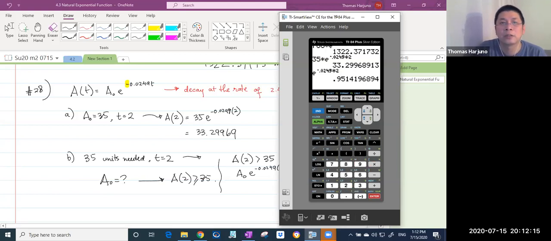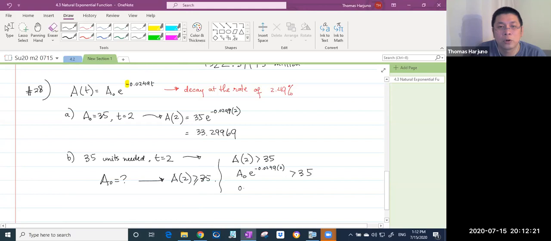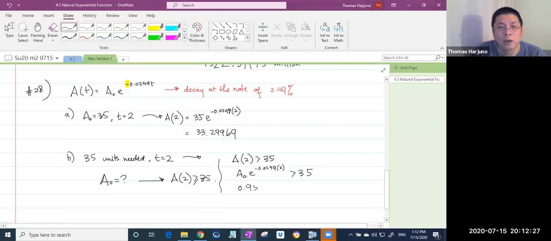That's 0.95142. A sub 0 times 0.95142 must be at least 35. So A sub 0 will be 35 over that ugly number.